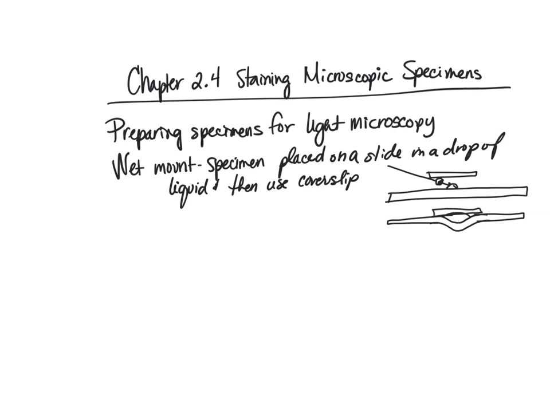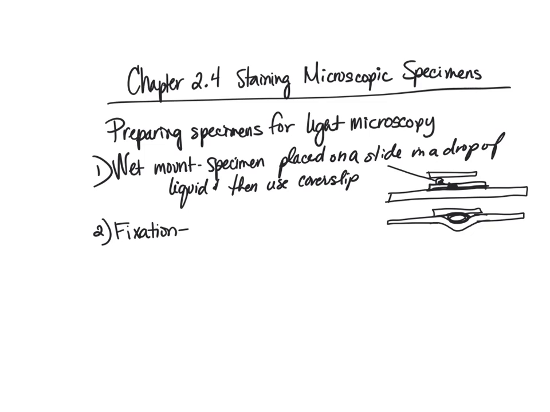A lot of times the depression slide is used for looking at something that's still living and moving around, like a paramecium, where it can then move around inside of that little depressed area, versus up here, once we put the liquid in here, we smear it, then the cover slip covers it, and there's not a lot of space for it to move around at that point. Depending on the size, it can still move around, however. So the first one is a wet mount, and then the second one is fixing or fixation.